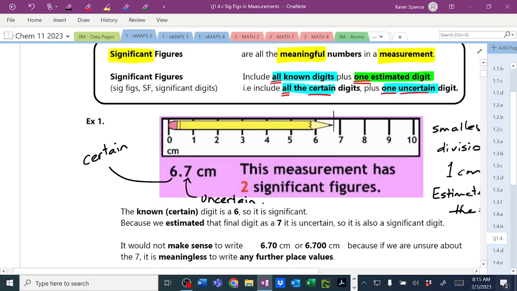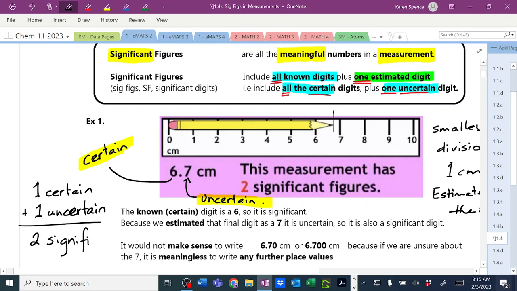Now remember, significant figures are all the certain digits plus the one and only uncertain digit. In this case, we have one certain digit plus one uncertain digit, and that will give us a total of 2 significant figures.